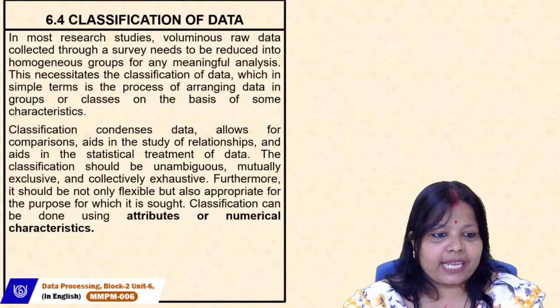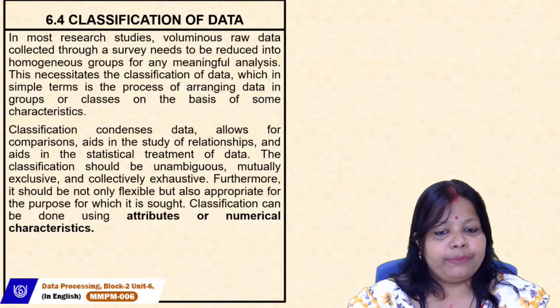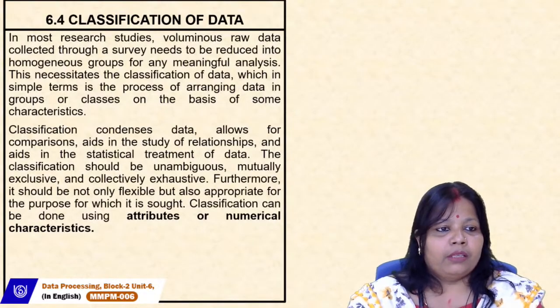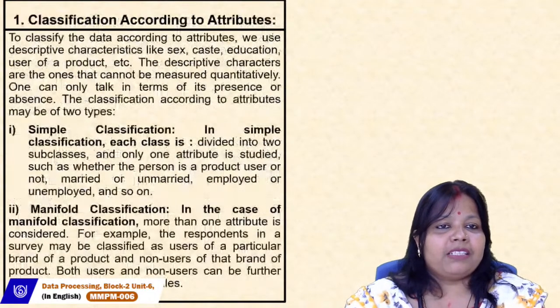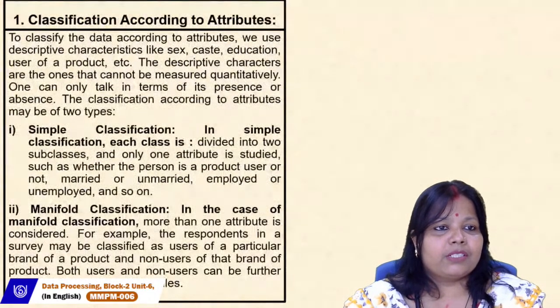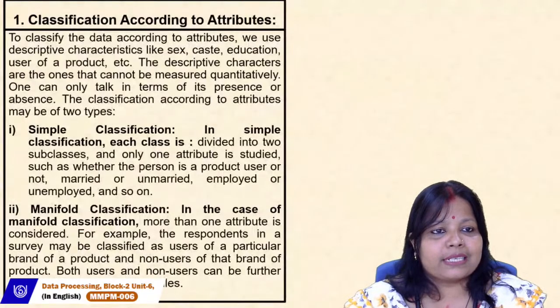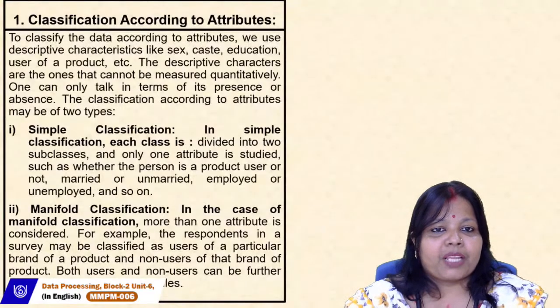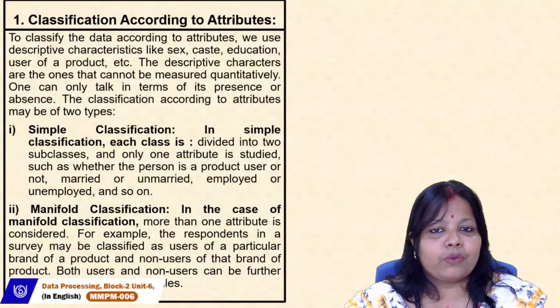So classification can be done using attributes or numerical characteristics. The first is to classify the data according to attributes. We use descriptive characteristics like sex, caste, education, and user of the product. The descriptive characteristics are ones that cannot be measured quantitatively.